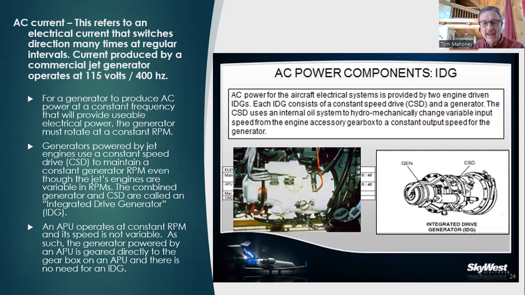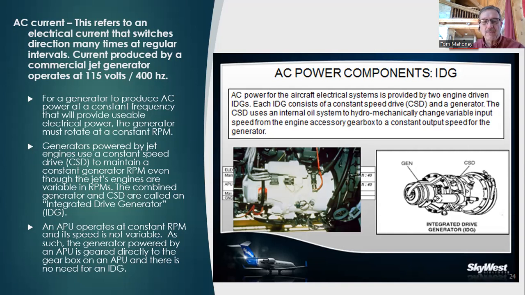An APU, on the other hand, operates at a constant speed and is not variable. Now, you would have remembered this from an earlier lecture. APUs operate at basically 100% RPMs, meaning that their RPMs are constant when they're operating full speed. So if they're operating at constant RPMs, we don't need a CSD between the generator and the APU itself.